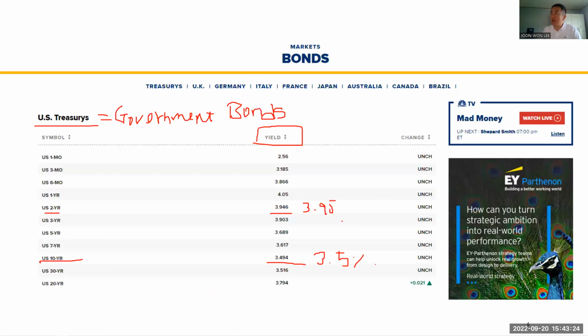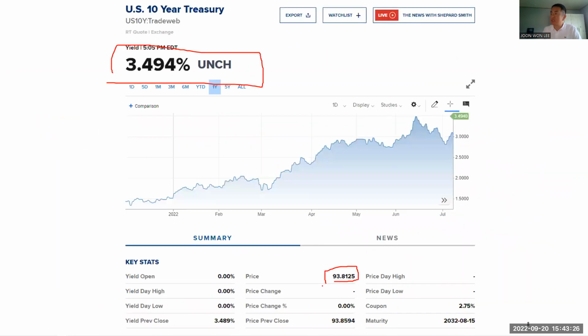So we now have this price, which is less than 100. Why? Because the coupon rate is lower than the market interest rate. This is compensation for the loss of interest, compensation for the opportunity cost.